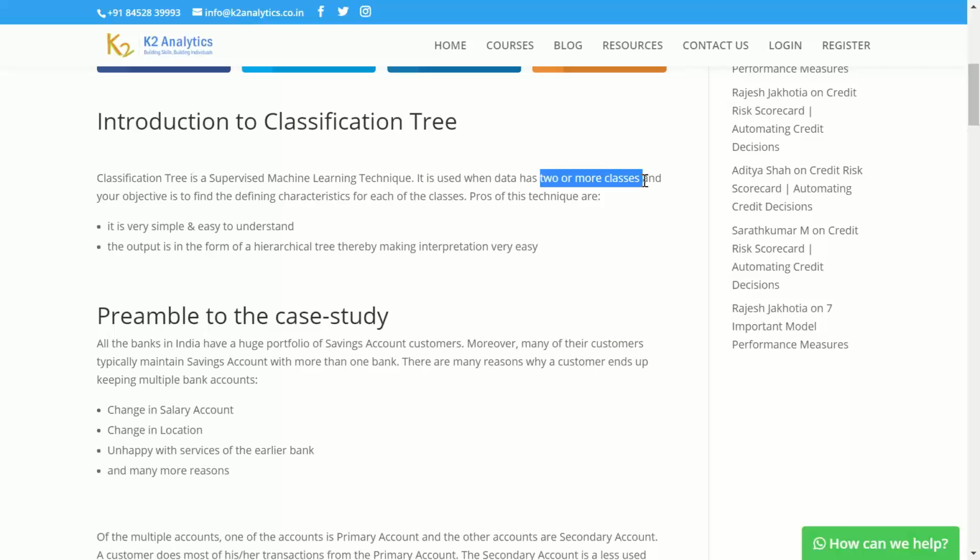However, it is not necessary that the output be restricted to only two classes. You can have two or more classes. For example, you attend a training program, and after the training, you have been given a feedback form.